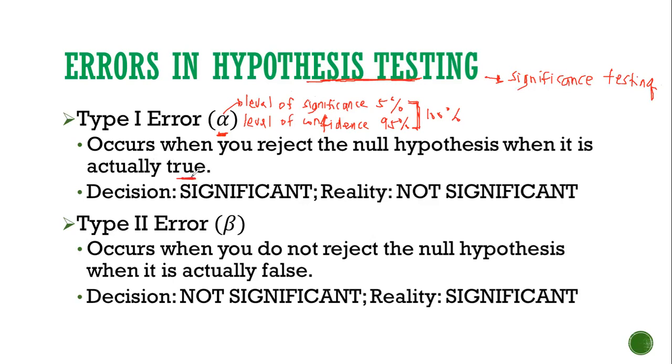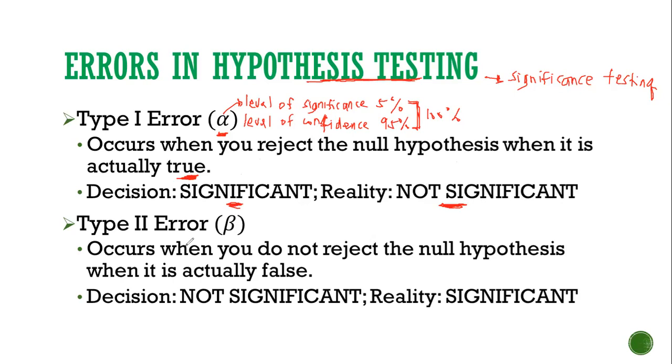Yung pinakita ko kanina, true yung null hypothesis mo pero ni-reject mo siya. So the decision is that you said that it is significant where in fact it is not significant. Kasi nga true yung null hypothesis mo. And your null hypothesis states that there is no significant difference. You rejected it. Therefore, your decision is, it is significant.